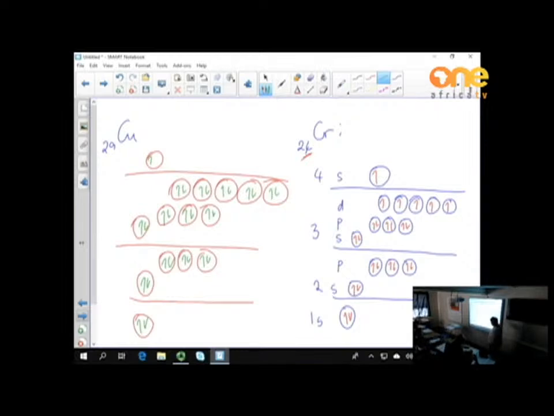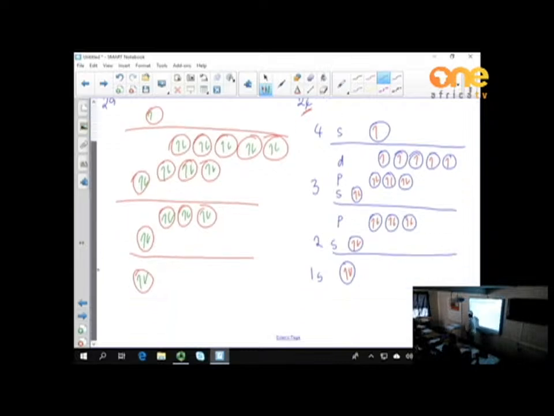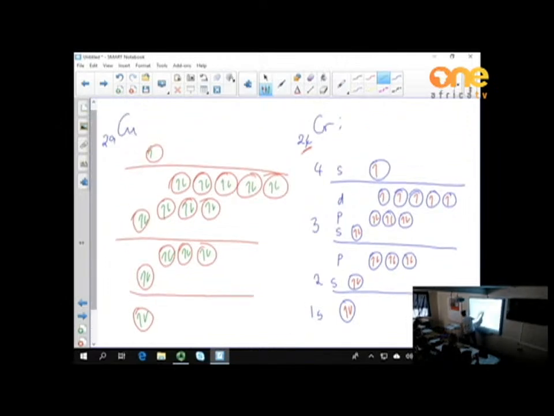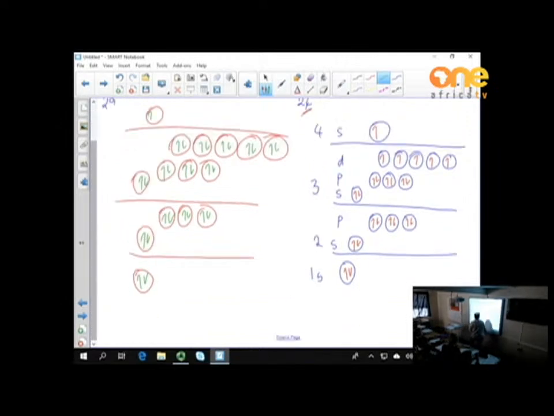Now, from this, they go and say to you, give the SPD notation of, for example, chromium. So now you go and say to them, we have chromium, and the 1s subshell has 2 electrons. 2s subshell has 2 electrons.